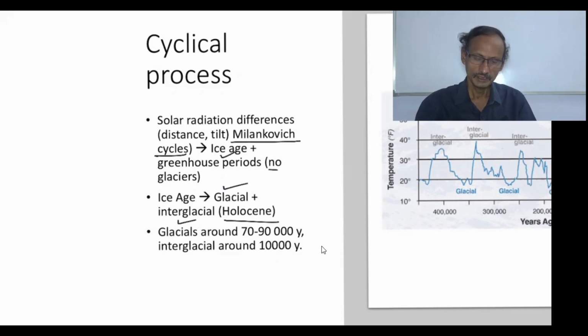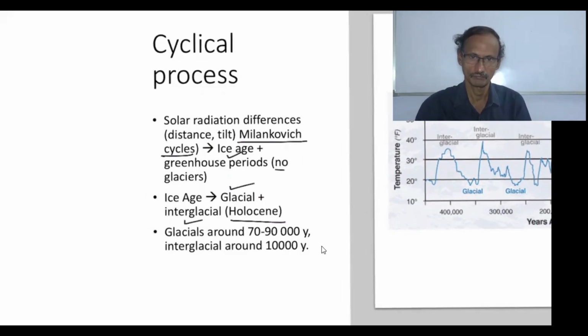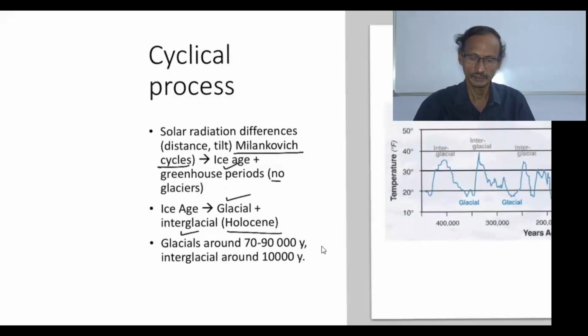And glacials and interglacials are not of equal duration. Earth would be in the glacial stage for around 70 to 90,000 years, and interglacial around 10,000 years. Glacial and interglacial put together, it will be 1 lakh years.